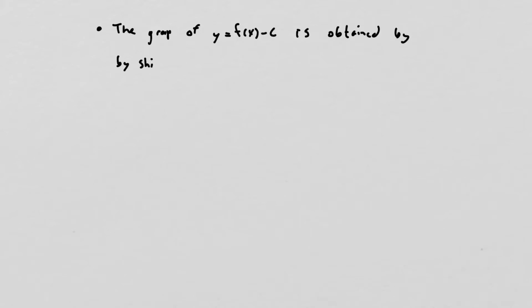And by symmetry, the graph of the function y is equal to f of x minus c is going to be obtained by shifting the graph of y is equal to f of x downward by c units.